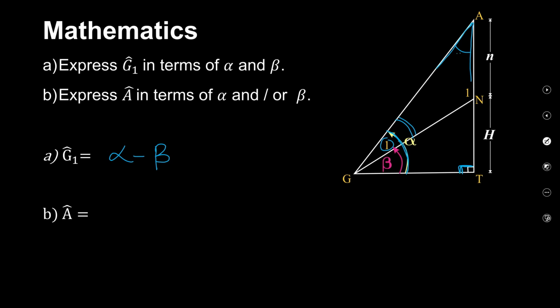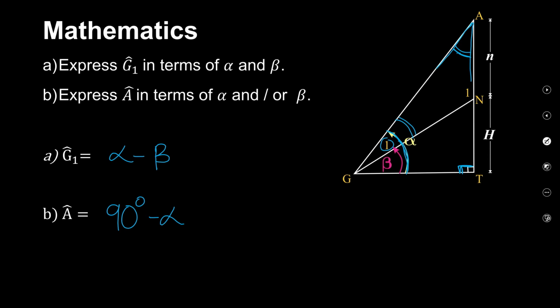So, because alpha plus A had to equal 90, that means A just had to equal 90 degrees minus alpha. And how do we know that from the three angles of a triangle? Because we already have this 90, and we have alpha here, so A had to be the complement of alpha, which was 90 minus alpha.